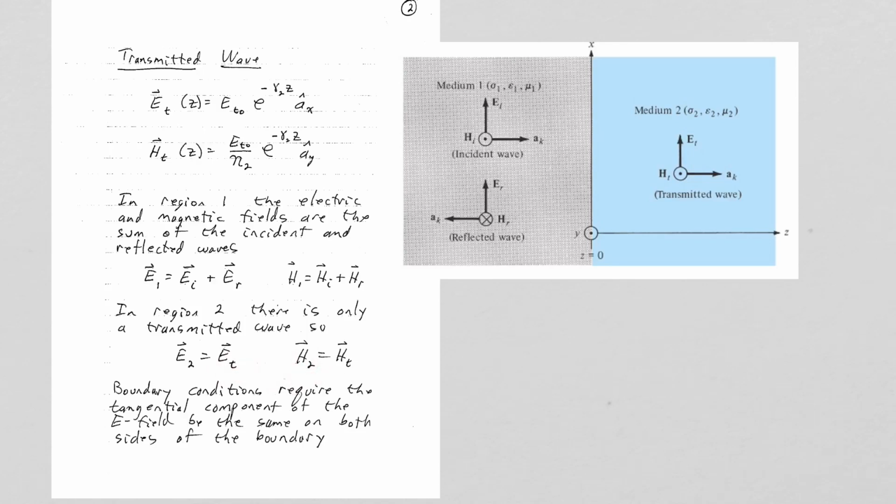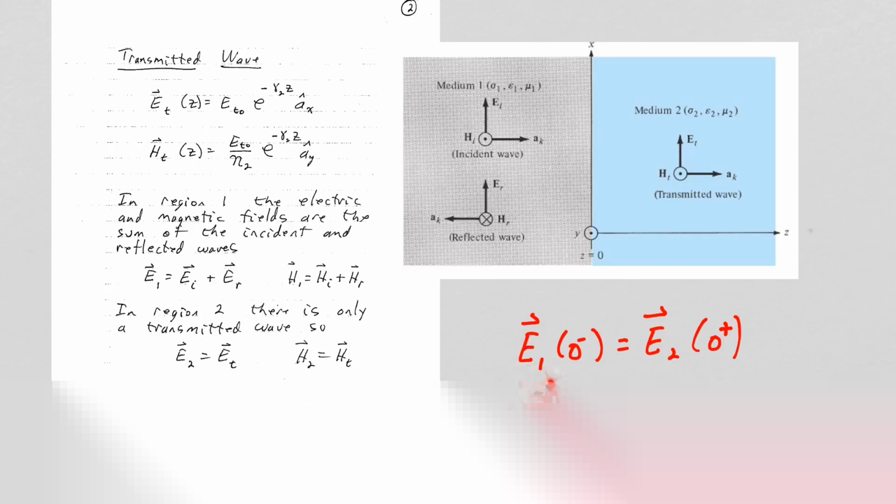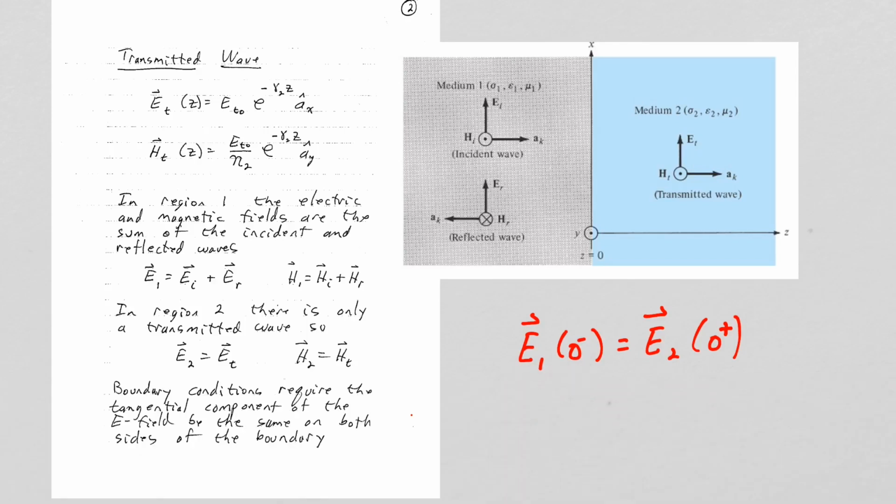We know at the boundary between two materials that the tangential electric field intensity is continuous and the tangential magnetic field intensity is continuous. Because our wave is at normal incidence, we only have tangential components for the electric and magnetic field intensities. I will designate the electric field intensity in material 1 at the boundary with the z value of 0 minus, and the electric field intensity in material 2 at the boundary with the z value of 0 plus.